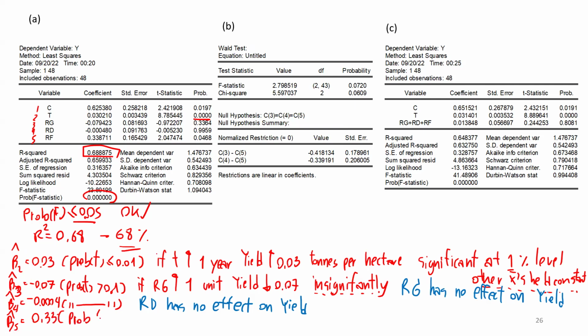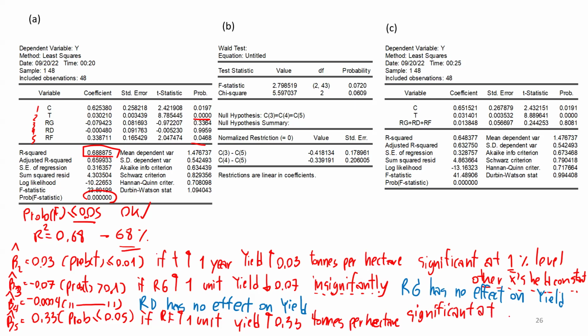With probability not 0.01, but 0.05, which means if the rain falls, yes, the yield increases, yes, tons per hectare, which is significant at 5% level, other X all constant.